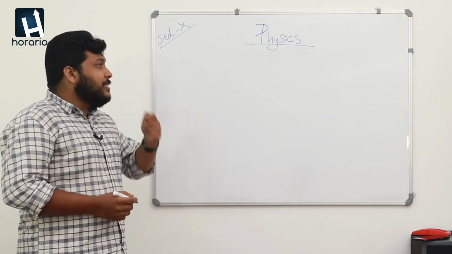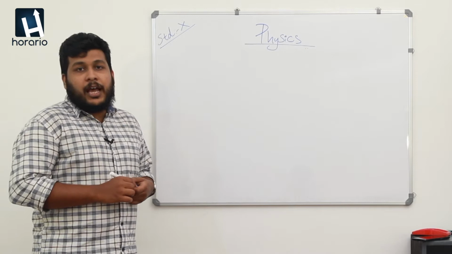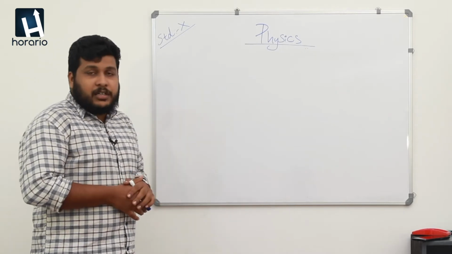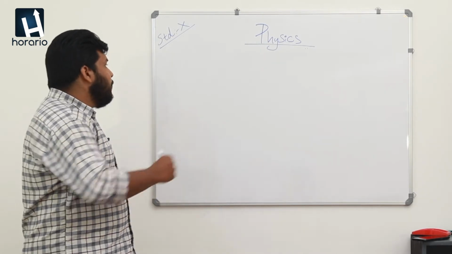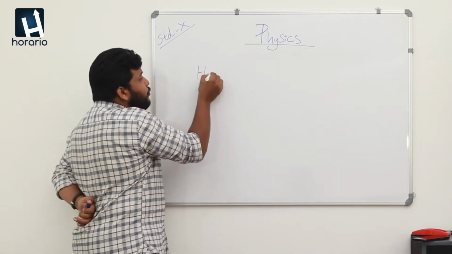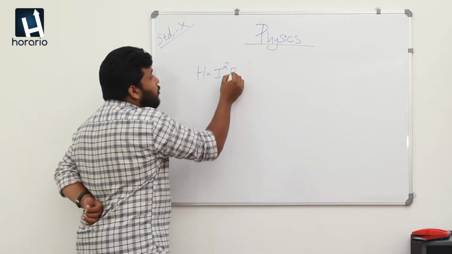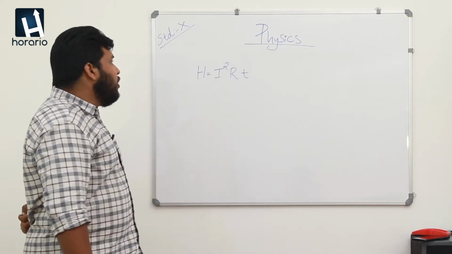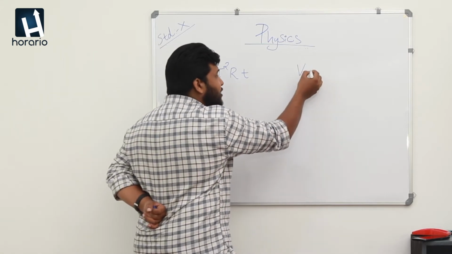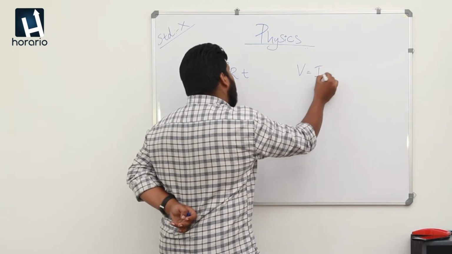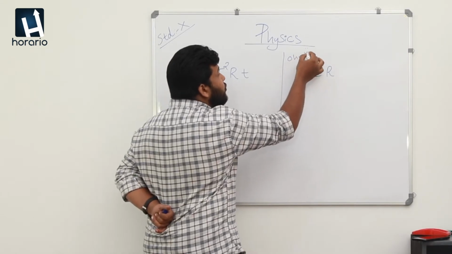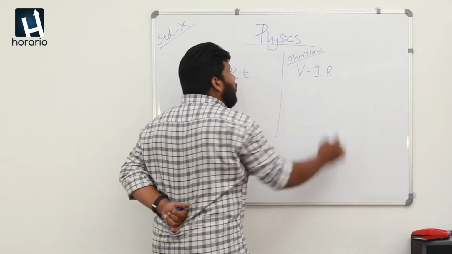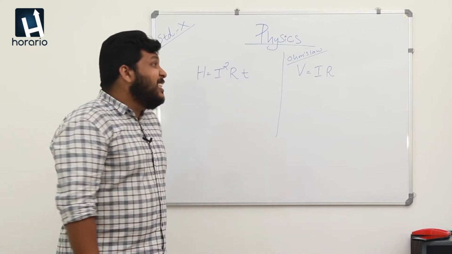So we were discussing Joule's law, and we use an equation to find out the heat energy produced from the equipments. So the heat energy produced in an equipment has the equation H is equal to I square RT. And also we discussed Ohm's law, which states V is equal to I into R. From Ohm's law, we can form 3 equations.